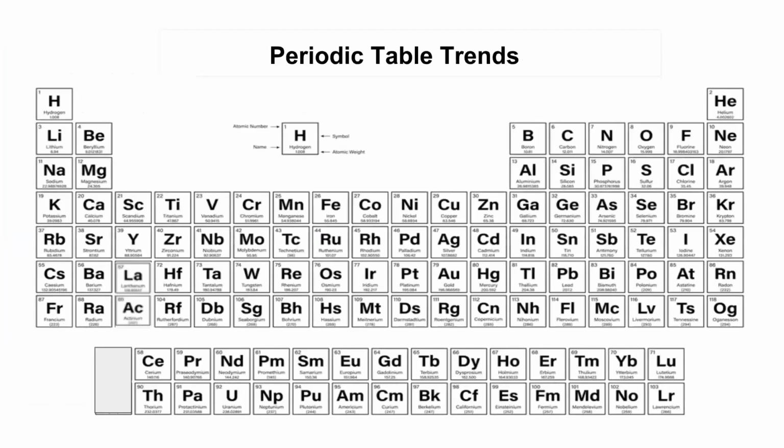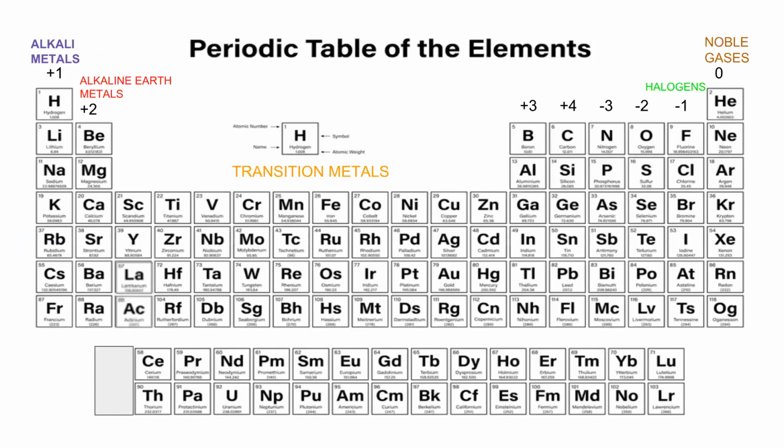Hopefully it does. Okay, so now let's go on to periodic trends. As you know from before, you have all this information about your periodic table of elements. 1A is alkali metals, 2A is alkaline earth metals, and the big portion in the middle is transition metals. Then there are the charges +3, +4, -3, -2, -1.